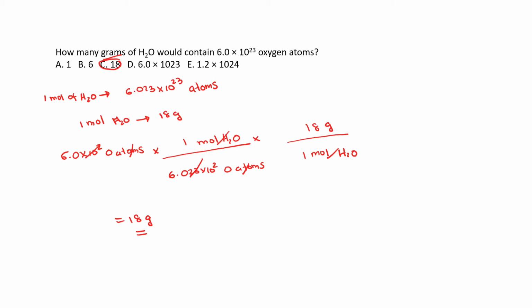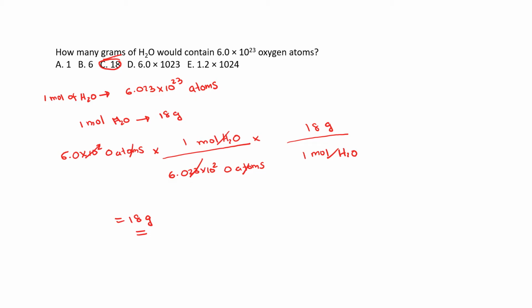So let's do a dimensional analysis here. What we are asked is 6 times 10 to the 23 oxygen atoms. And we know by this data that 6.023 times 10 to the 23 oxygen atoms is equal to 1 mole of water. 1 mole of water has this much oxygen atoms, and 1 mole of water weighs this many grams.